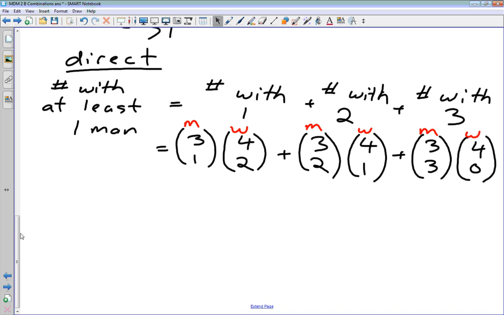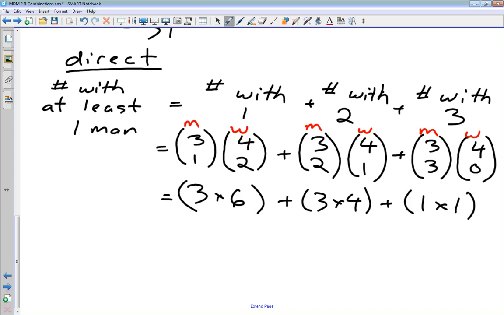And then we can go ahead and work out all of these combinations. What we get for the first set is 3 times 6. Over here we get 3 times 4. We've actually already done this calculation. And then here we get 1 times 1.